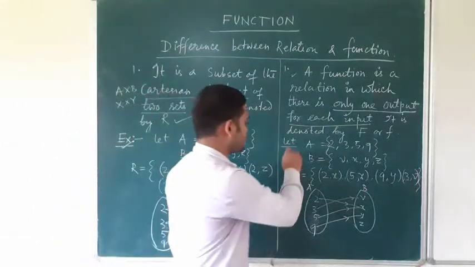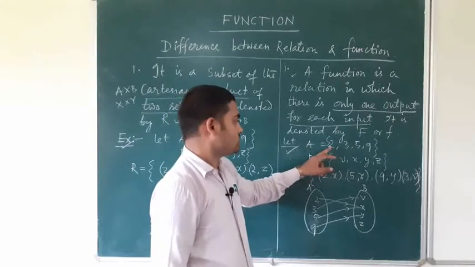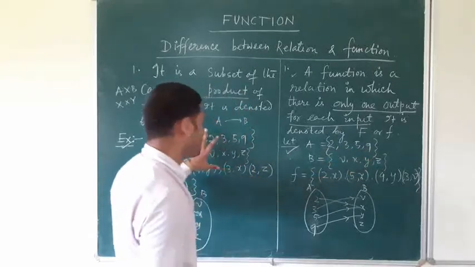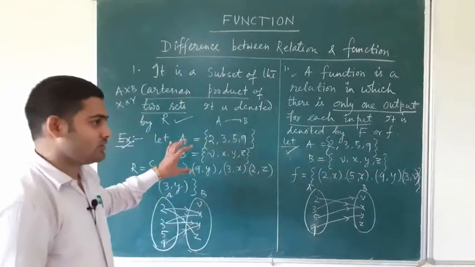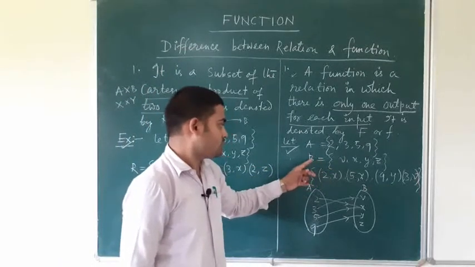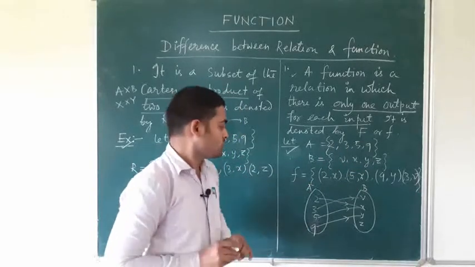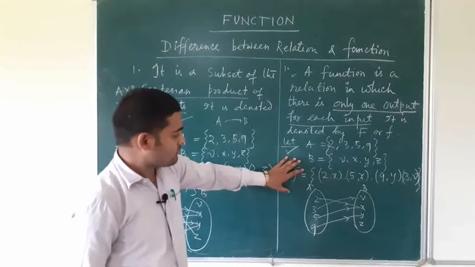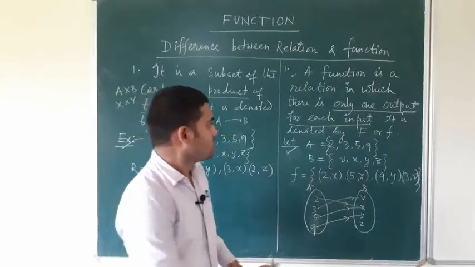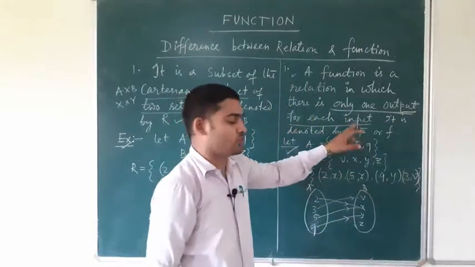Now come to function. Set A contains 2, 3, 5, 9. Same example I have taken here. So B contains V, X, Y and Z elements. Okay, so F is here a function. See, only one output for each input.